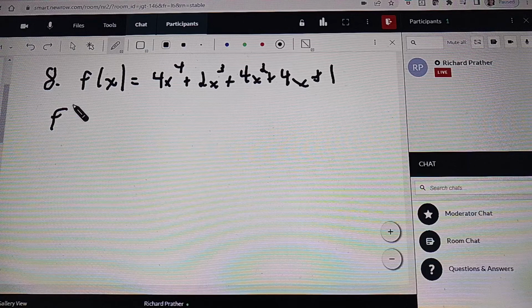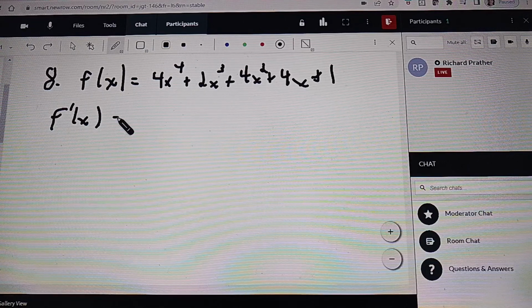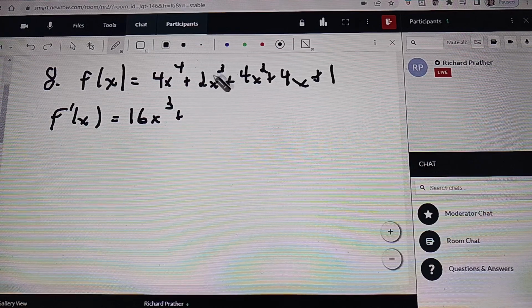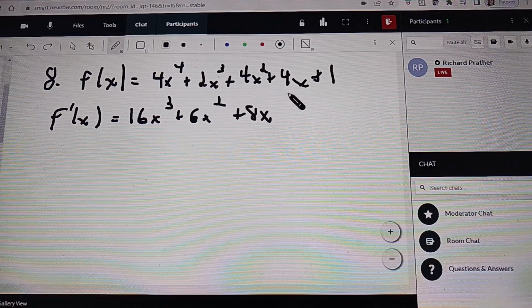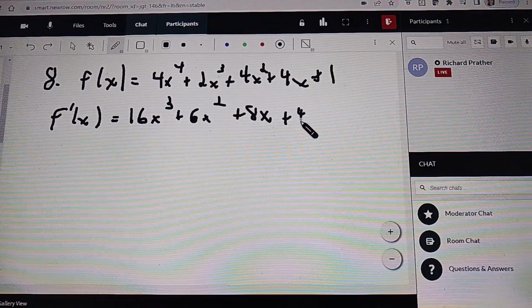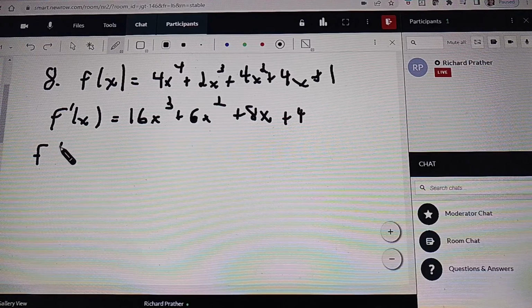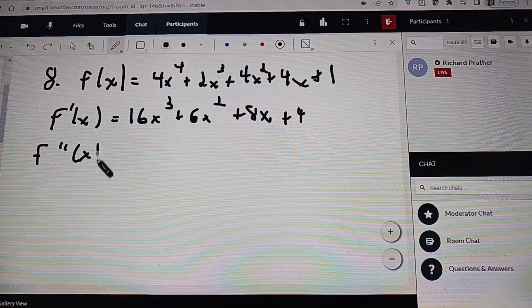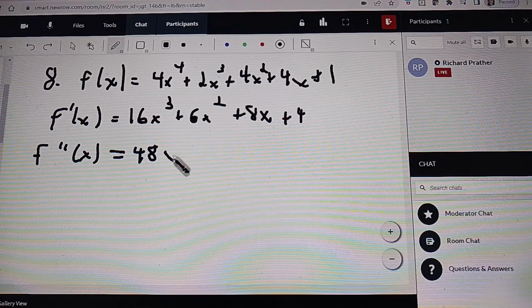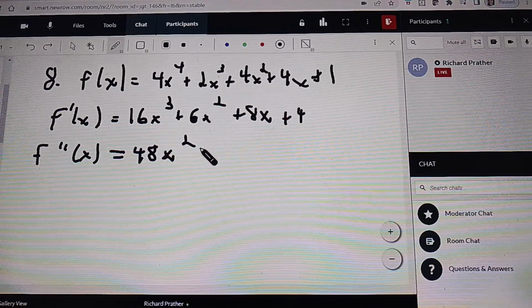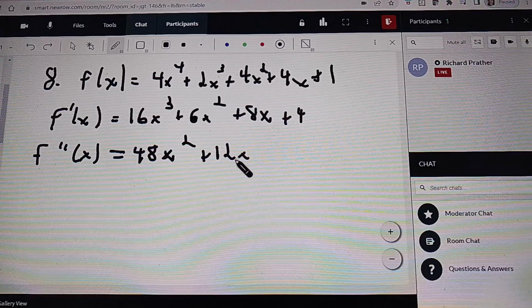So the first derivative would be 16x to the third plus 6x squared plus 8x plus 4. The second derivative, 48x squared plus 12x plus 8.